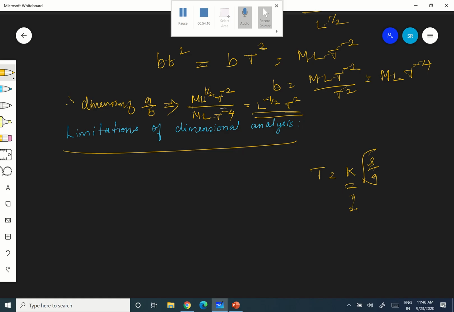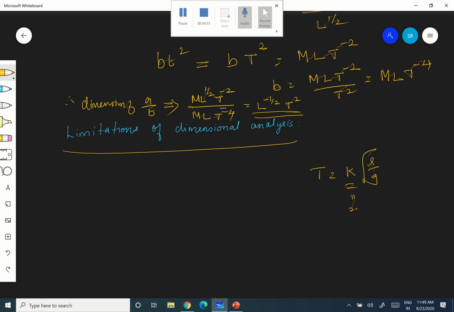Number two, very, very important. For example, if there are some factors which may depend on more than three quantities. So far, whatever we have taken, it depends only on three quantities, any three quantities only.